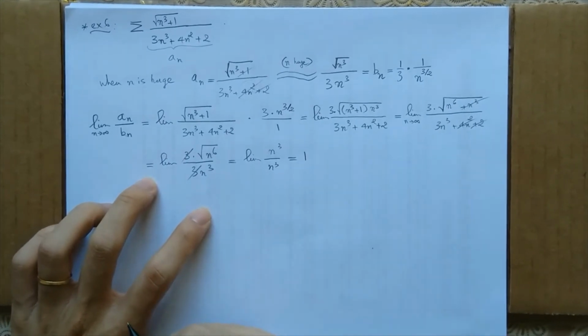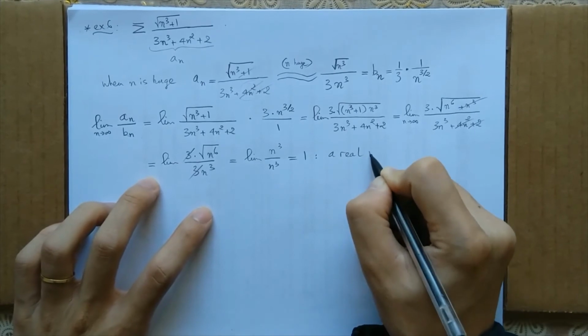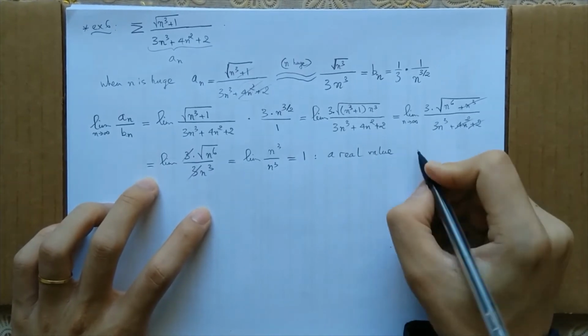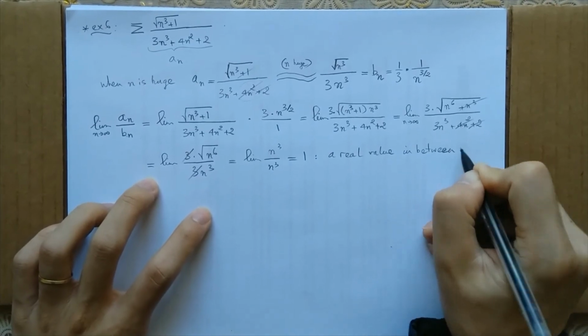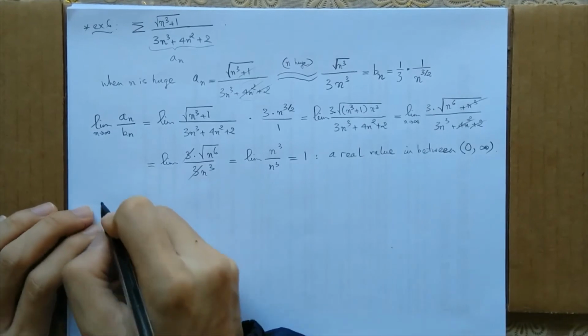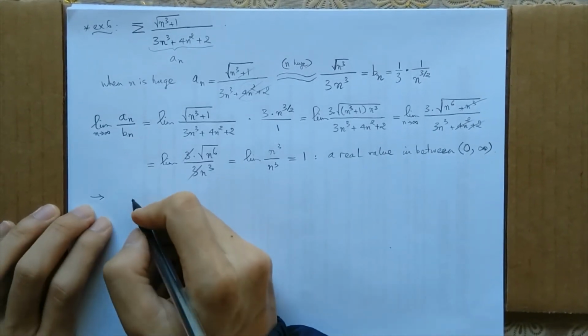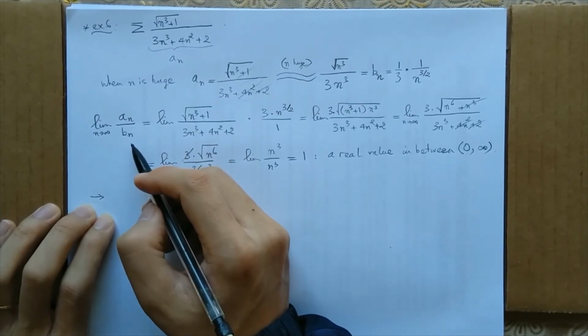This is going to be 1. This is a real value in between 0 to infinity. Right. So by the limit comparison test, the convergence and divergence of An will be the same as the convergence and divergence of Bn.